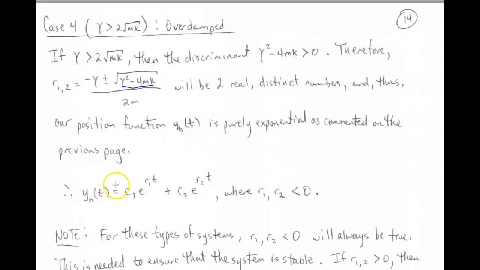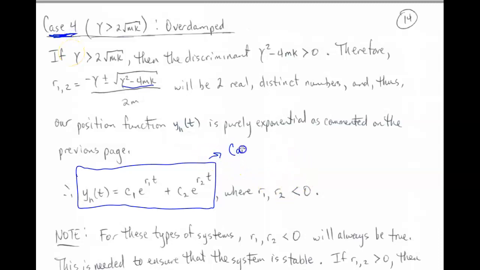Okay. And so this happens whenever our discriminant here is greater than 0. And notice that our response for this will be purely exponential at this point. Okay. Now, this is case 4 for the spring-mass system, but you recognize this as case 1 for second order linear homogeneous ODEs.